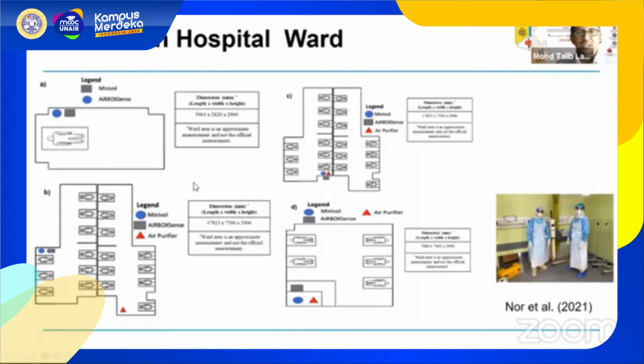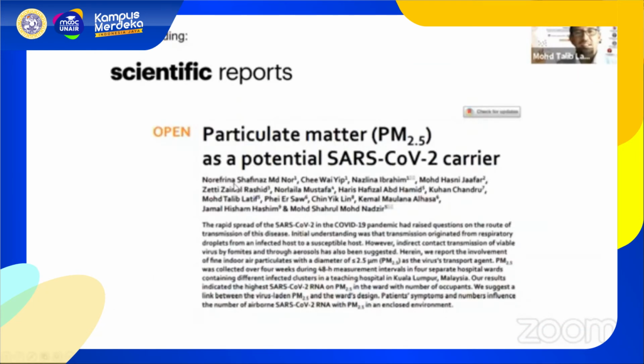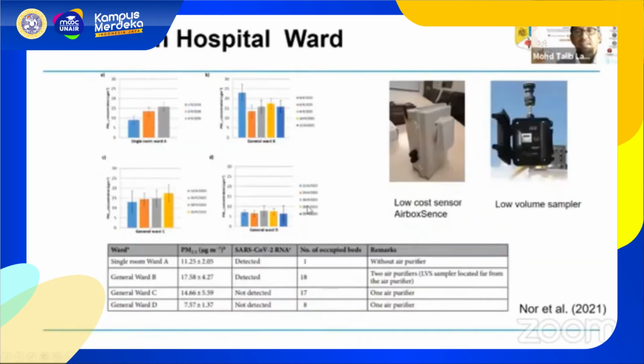We wanted to show how good a purifier is at eliminating COVID-19 transmission, as well as to know whether we can find COVID-19 in a hospital ward at that particular time. This is a study by a combination of microbiologists, air pollutant people, and people who work on air quality sensors.